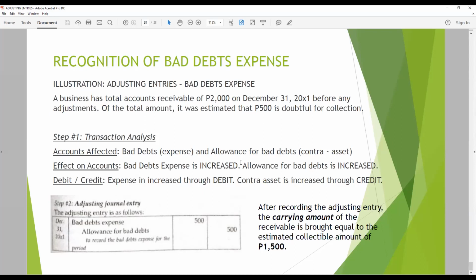So a business example, illustration, a business has total accounts receivable of 2,000 on December 31, 2021, before any adjustments. Of the total amount, it was estimated that 500 is doubtful for collection.